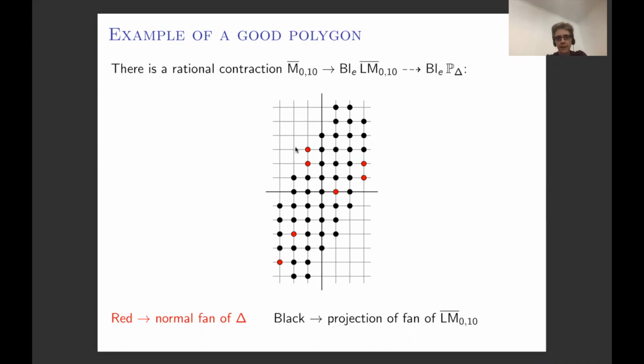And in black is a certain projection of the rays of the normal fan of the Losev-Manin space of dimension 7. And so the red dots are a subset of the black dots. And this is what allows us to construct a rational contraction between the blow up of the Losev-Manin space of dimension 7 to this blown up toric surface.